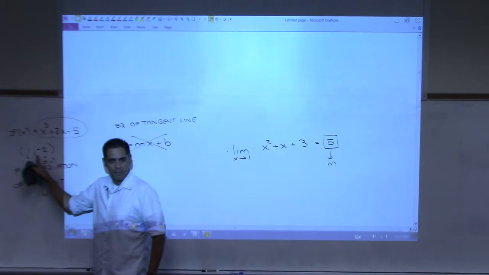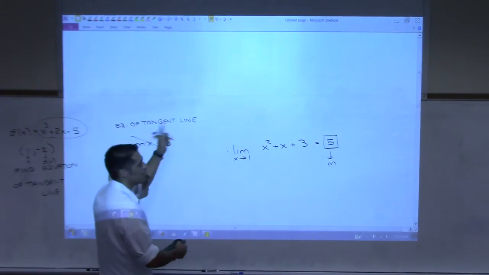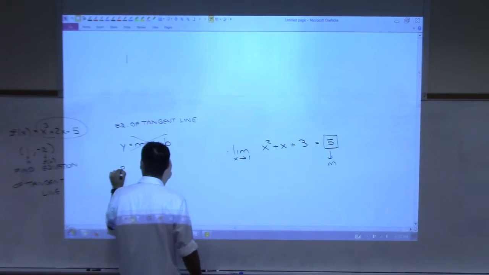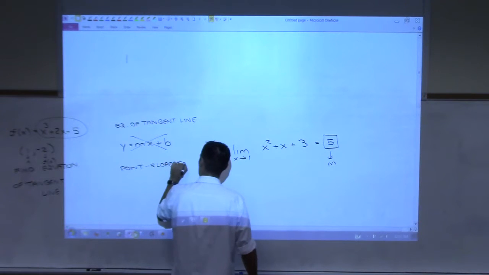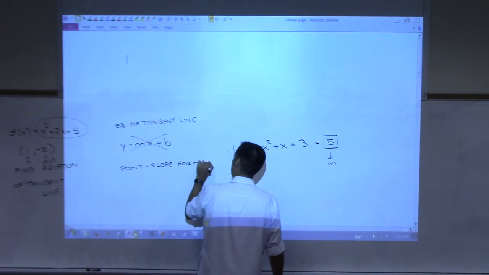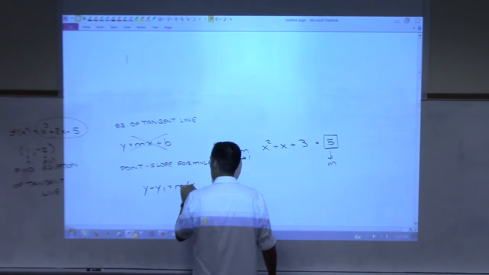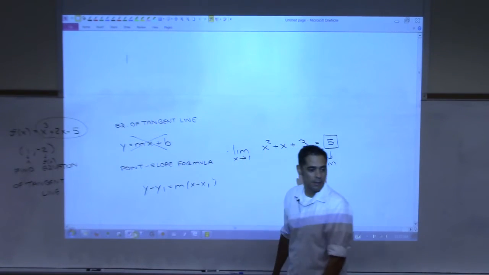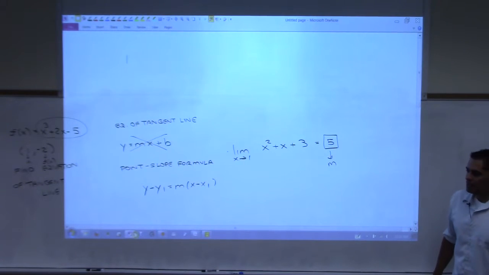I have a point and I have a slope. So the other formula for a line is what we call the point-slope formula. 7th grade? Yeah, it's y minus y1 equals m times x minus x1. That one. That's the one we're going to use.